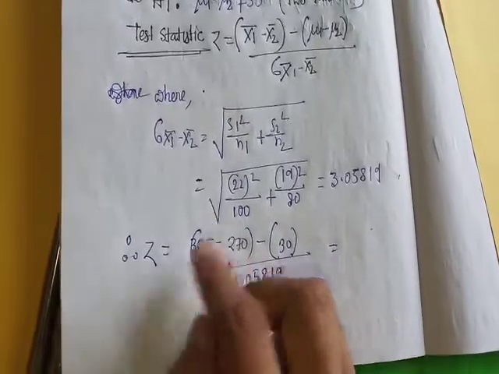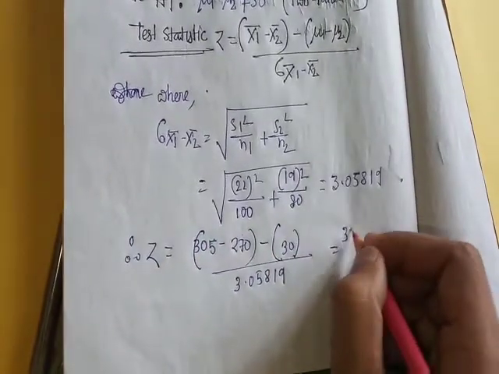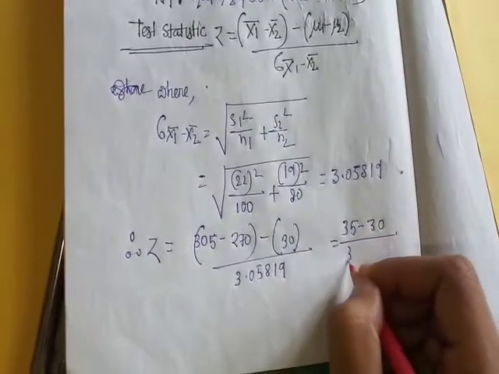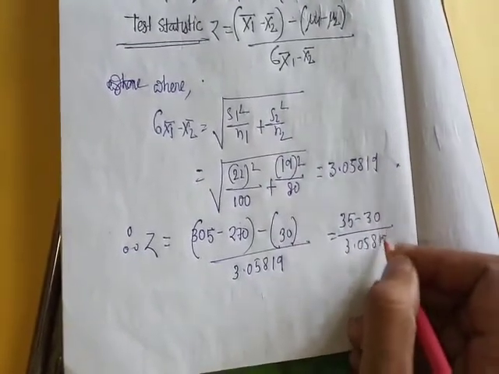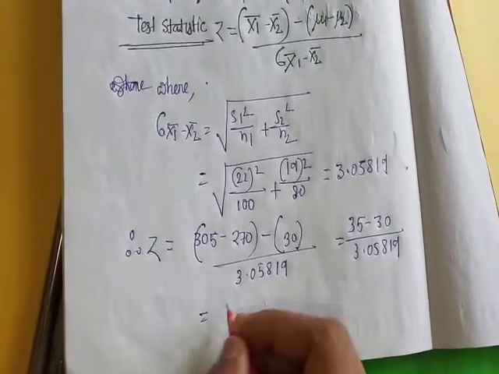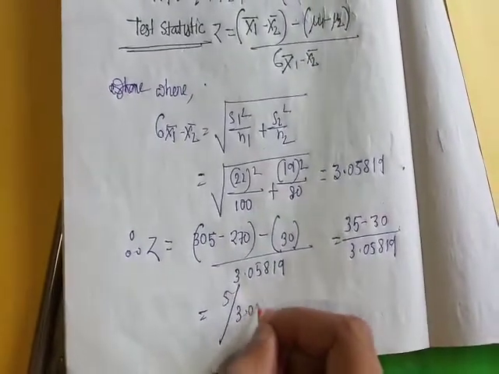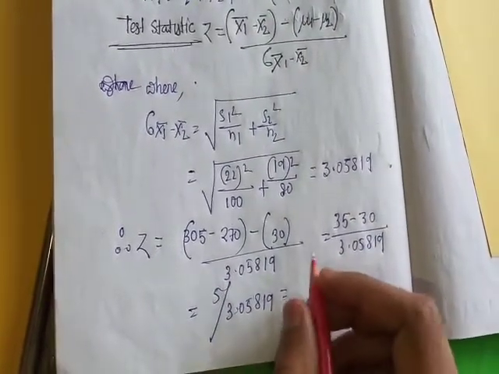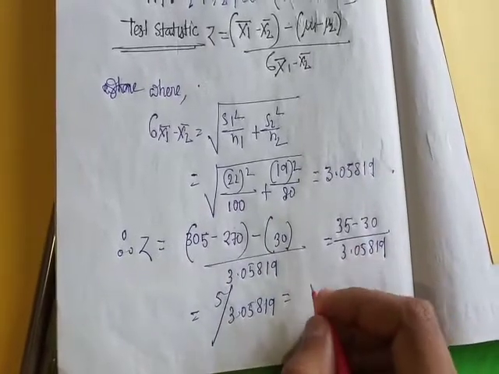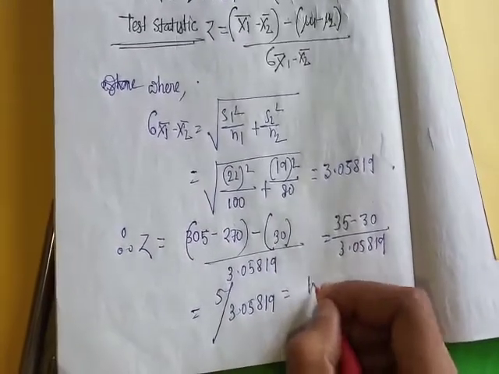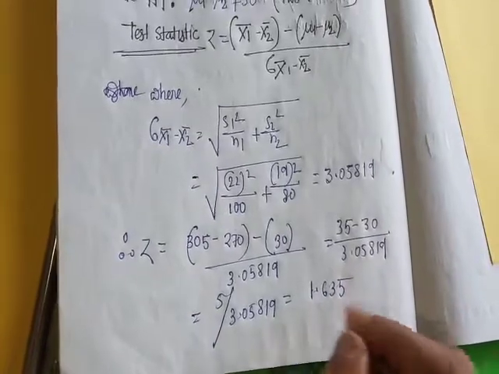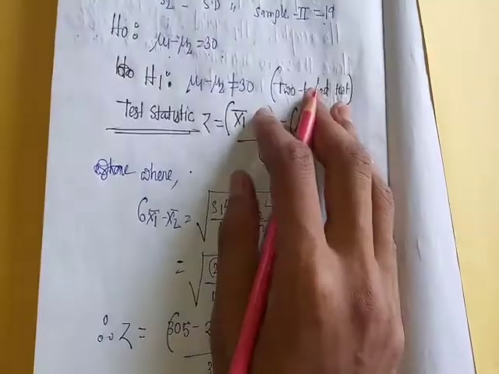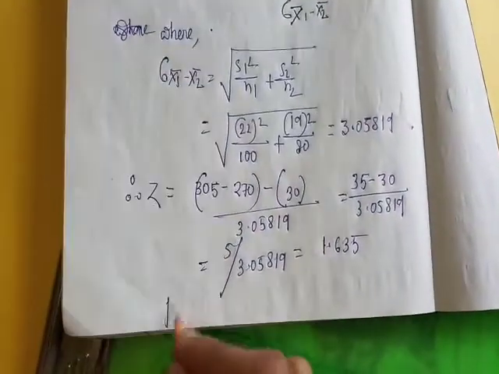That is, 35 minus 30 by 3.05819, so 5 by 3.05819. After calculations we get the value of z equal to 1.635.